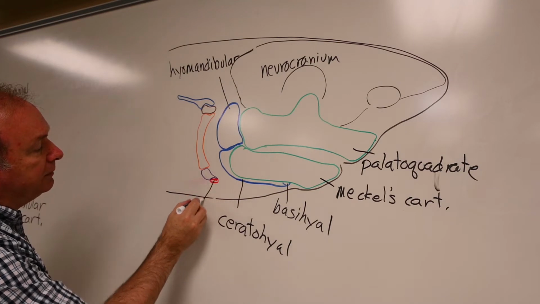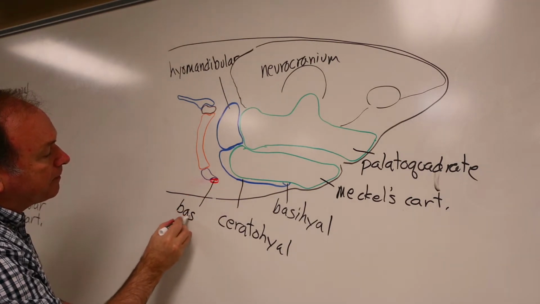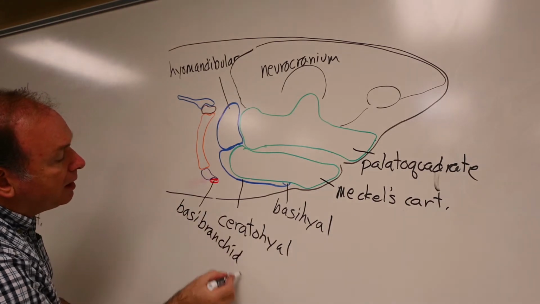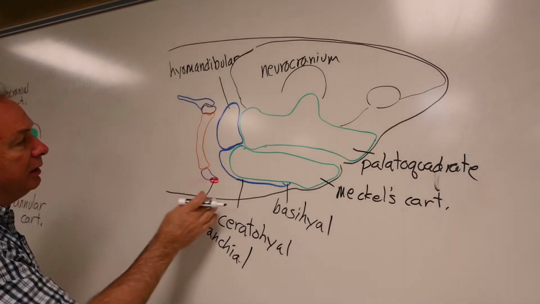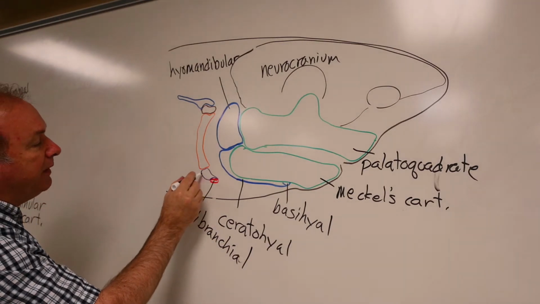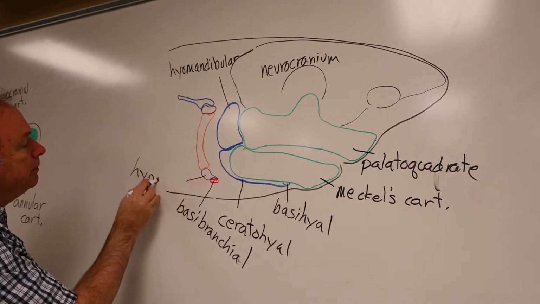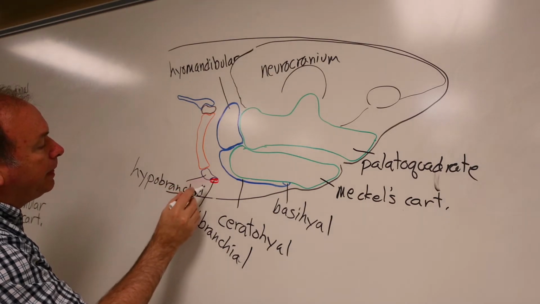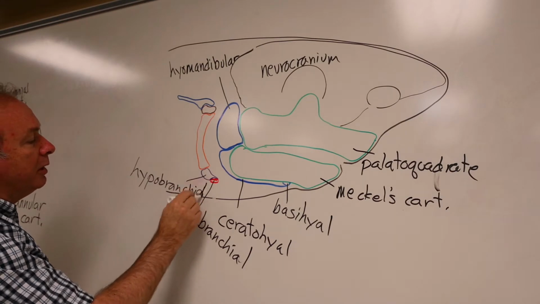The first one is the basibranchial. The first basal cartilage of the group. Then just above that, it's called a hypobranchial. Hypobranchial cartilage.